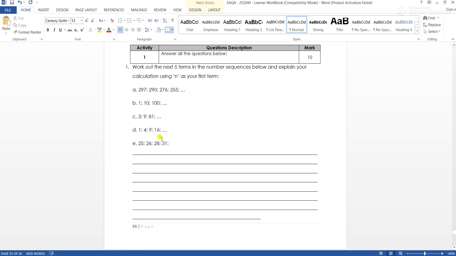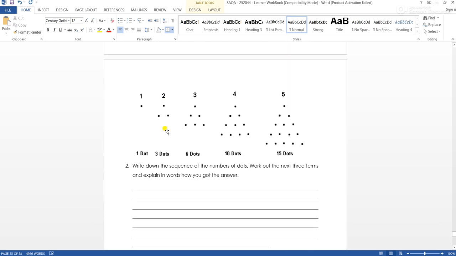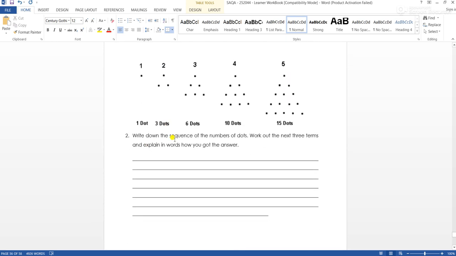So you'll have to work out the next 5 terms, and also you need to write down the sequence of the numbers of dots, work out the next 3 terms and explain in words how you got the answer. So as you can check, there is a pattern of 1, 2, 3, 4, 5. So the dots: there is 1 dot, 3, 6, 10 and 15.